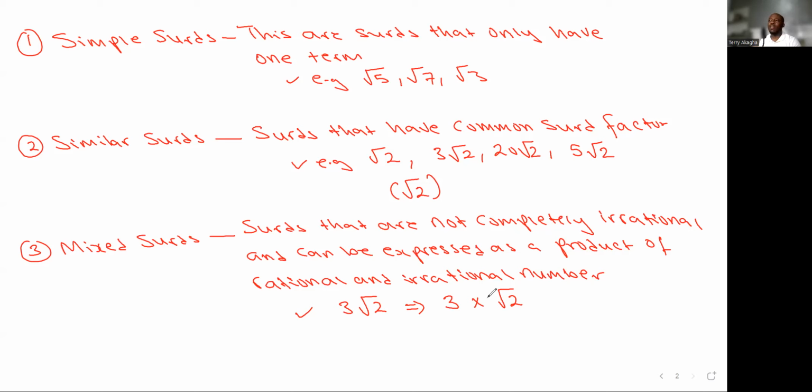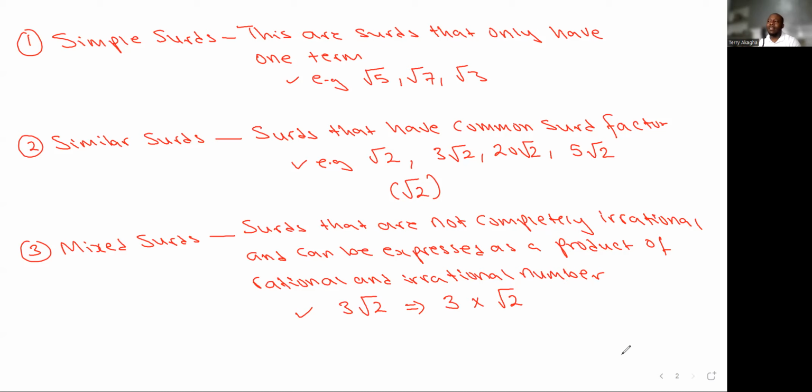So 3 root 2 is a product of both of them, which means it is a mixed surd. This is a classical example of a mixed surd.